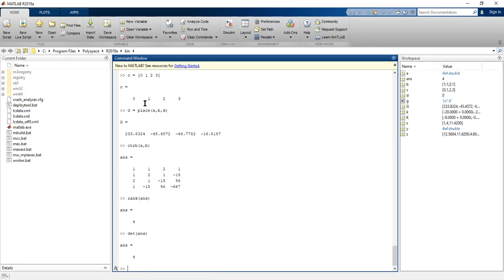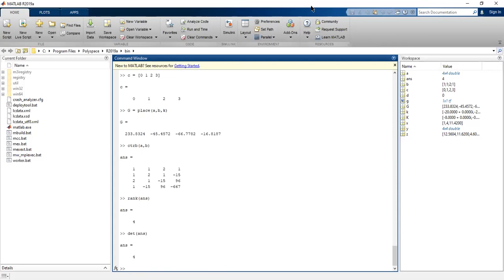Okay, the rank is 4 and the determinant. You can't find the determinant of that, so I just gave you a random number.